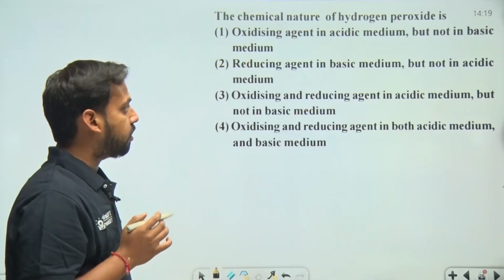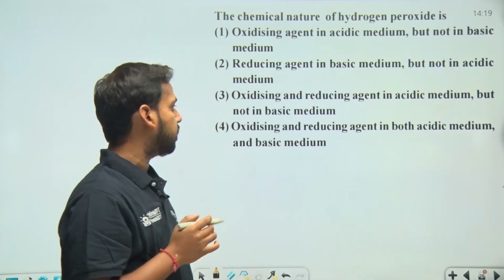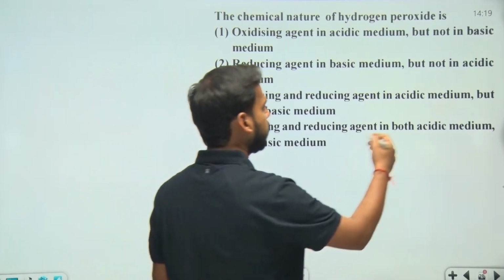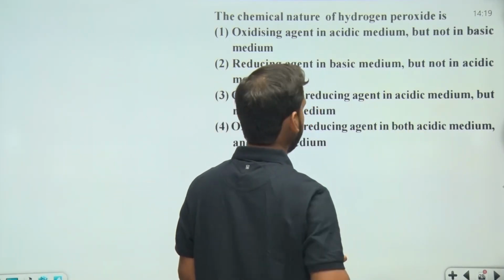Option 3 is oxidizing and reducing agent in acidic medium but not in basic medium, and option 4 is oxidizing and reducing agent in both acidic medium and basic medium.